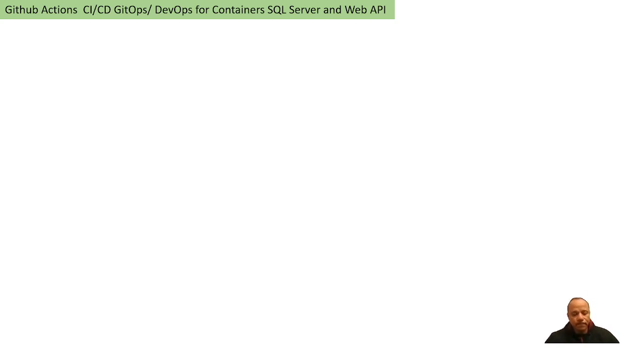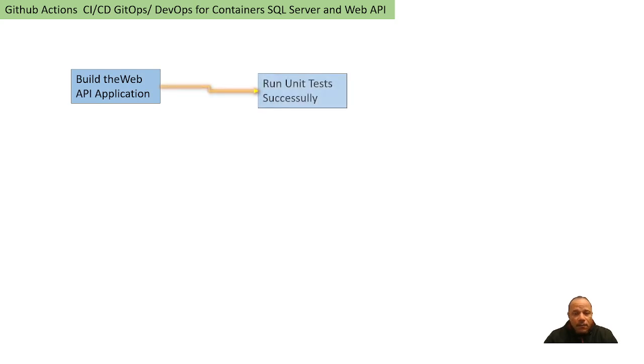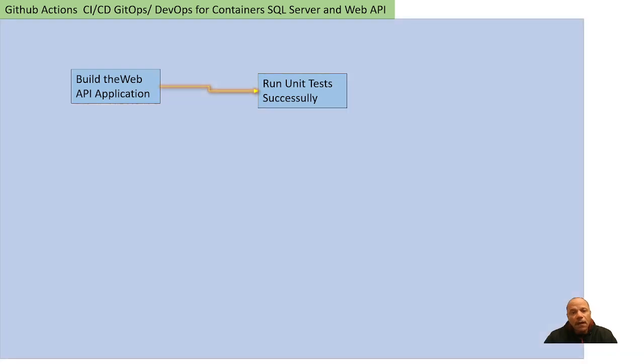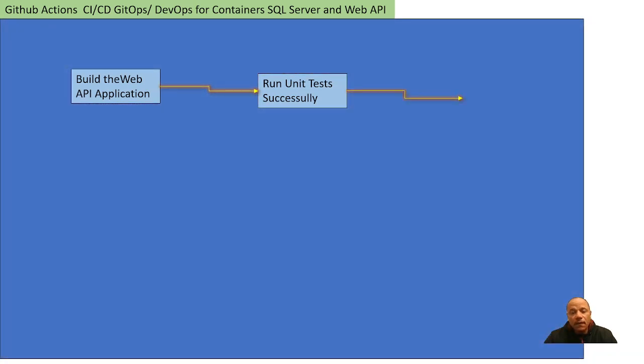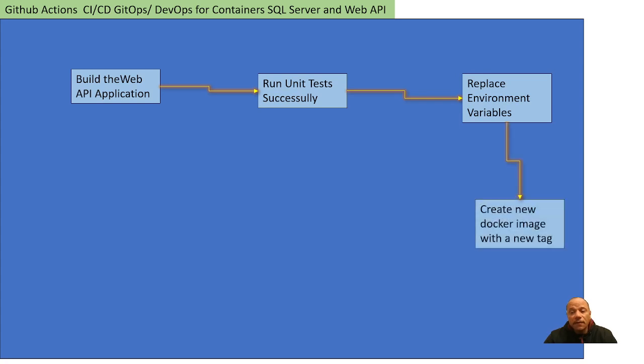When the action is kicked off by the environment we want to deploy for, it's going to make a build for the web application. Then it's going to run unit tests. And if these unit tests are successful, it's going to replace the environment variables and create a Docker image with a new tag for this commit or this push.